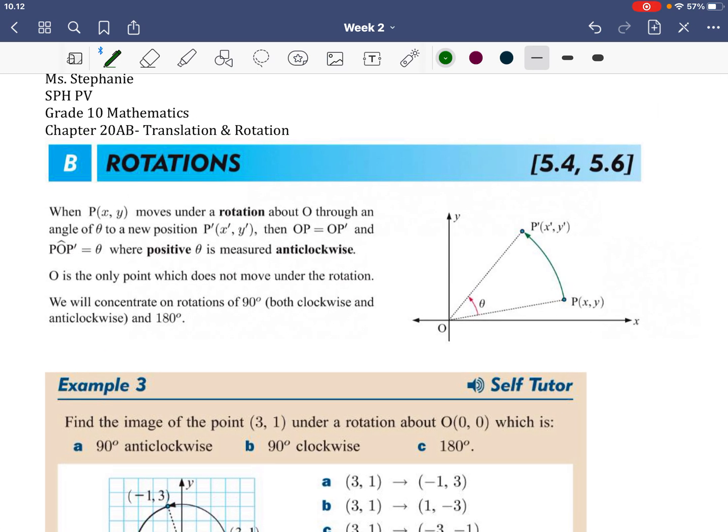Alright, I'm going to jump into rotation because I want you guys to go right ahead and do some practices. So rotation, when point P, which is xy, moves under a rotation about O, or the origin, through an angle of theta to any position P prime, the coordinates are x prime and y prime, then OP equals OP prime.